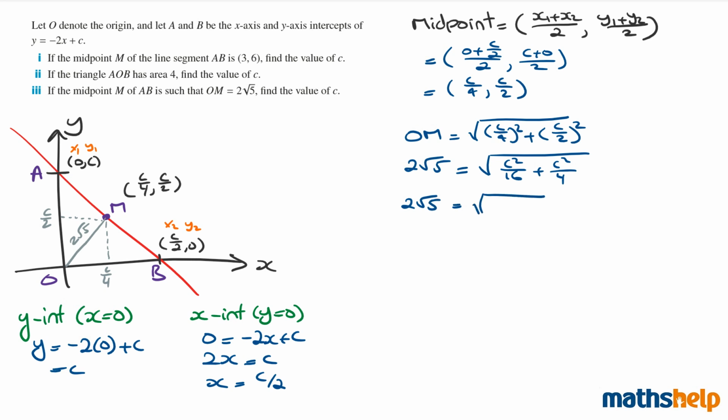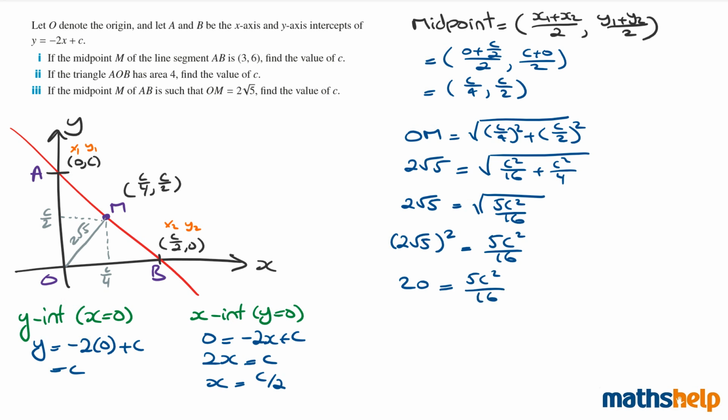Now if you combine the fractions together, you're going to get 5c squared on 16. If we square both sides, we're going to get 2 root 5 squared is equal to 5c squared on 16. 2 root 5 squared is going to be 20. And that's going to be 5c squared on 16.